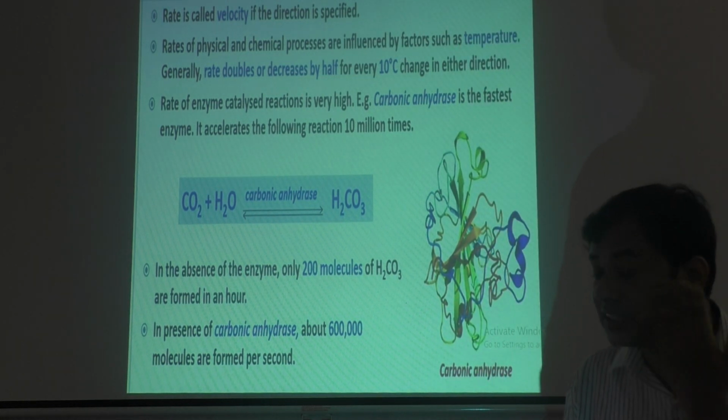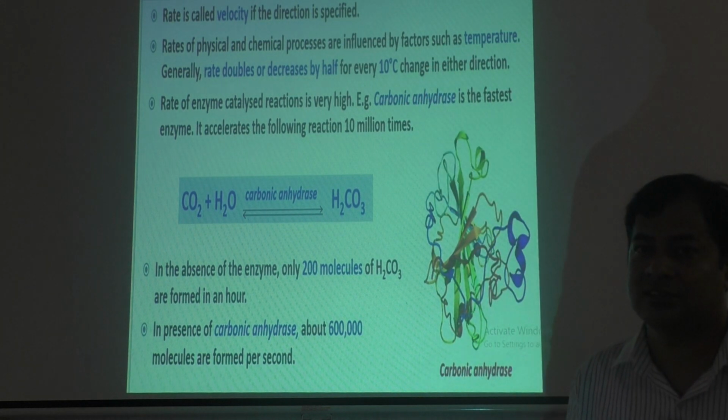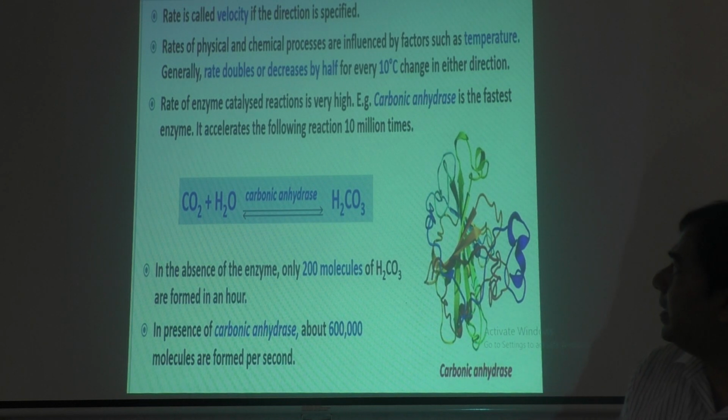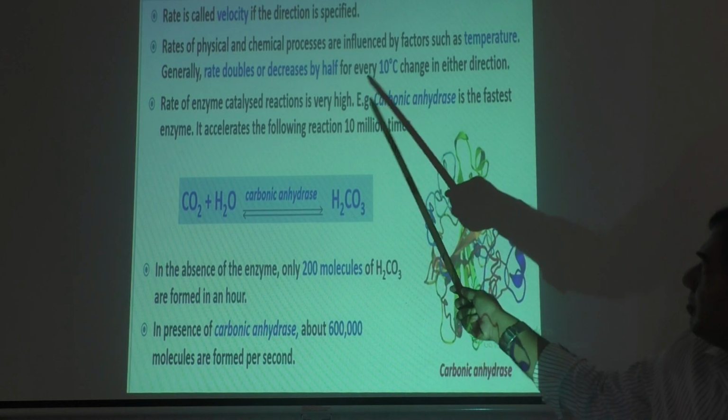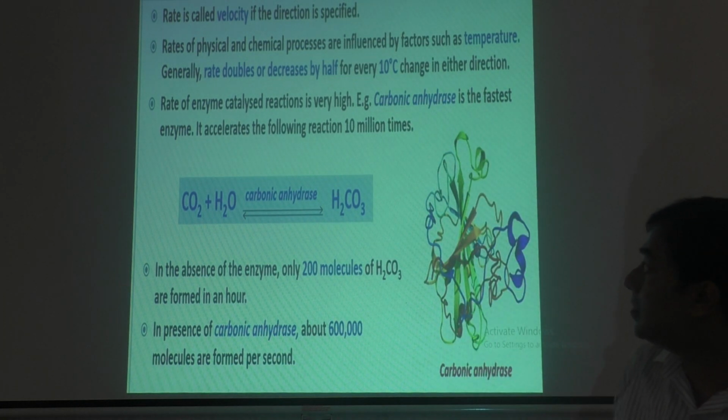If temperature is fixed, then the rate of reaction is also fixed. Generally the rate doubles or decreases by half for every 10 degree change in either direction. It means the rate of the reaction doubles or decreases by half for every 10 degree change.